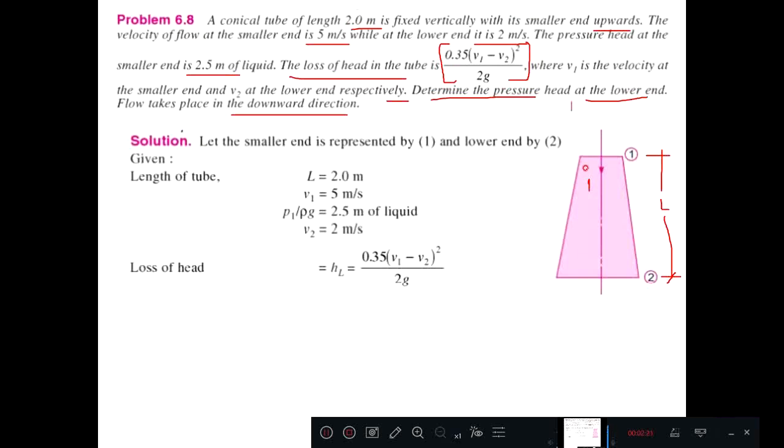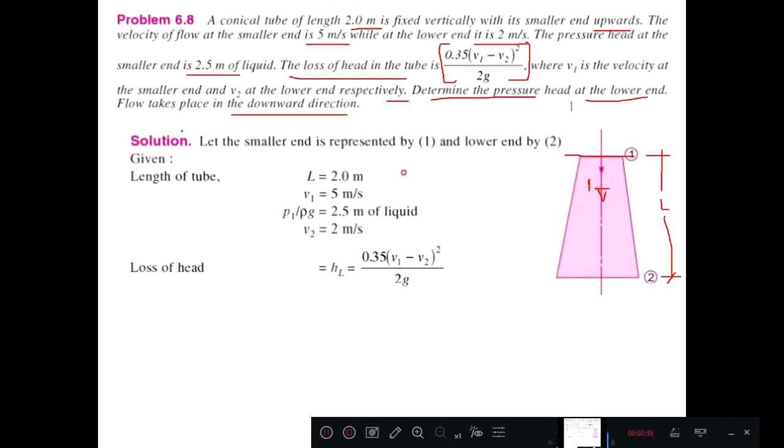Let us take this as section 1 and the lower end as section 2, and it is given that the flow takes place in the downward direction. This is the direction of flow.